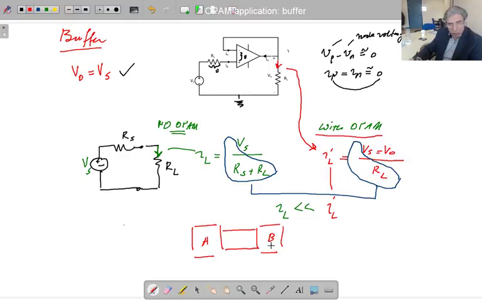So if you consider those two now, and assume that A represents this circuit, and B as load. If I don't put any operational amplifier in between, that means any buffer in here, then what I am going to transfer to this element is going to be this current, isn't it?